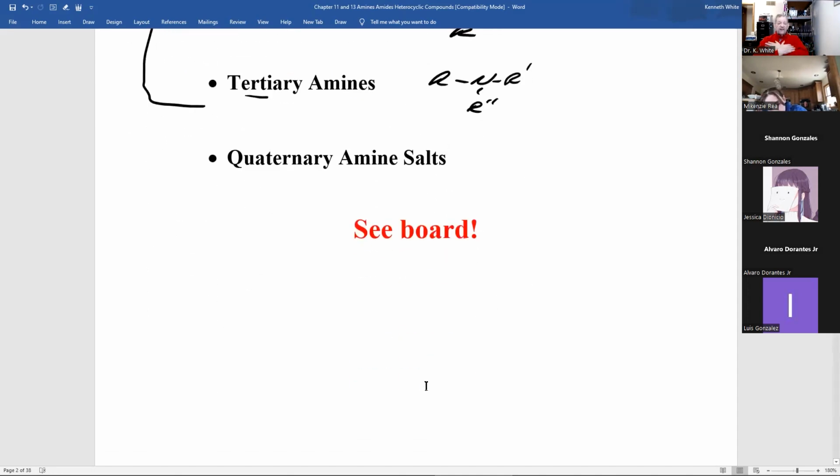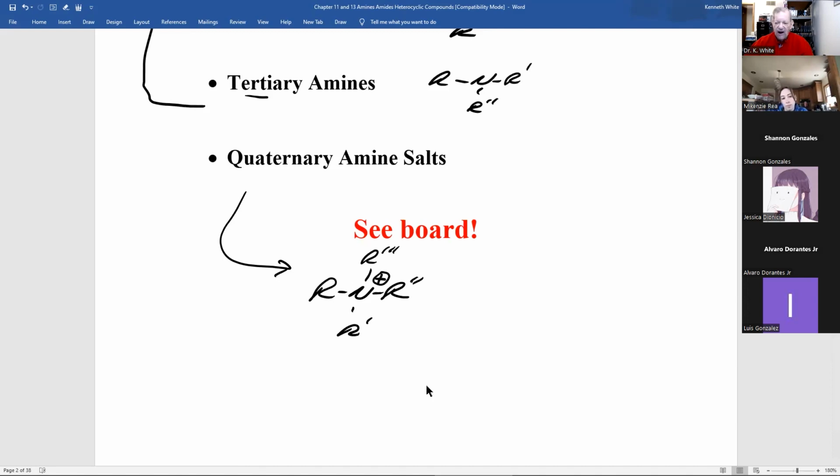Now, something near and dear to my heart, I mean really near and dear, is I have a couple of patents, and this was my first US patent. When you have 4 bonds to nitrogen, one of the bonds comes from the nitrogen's lone pair, not sharing. So that means it will have a plus charge.